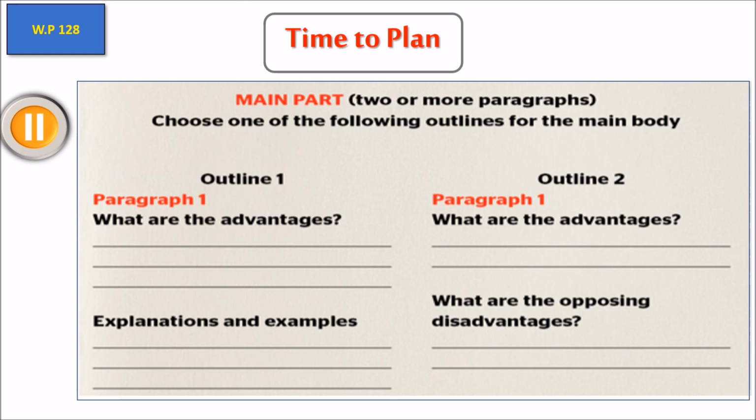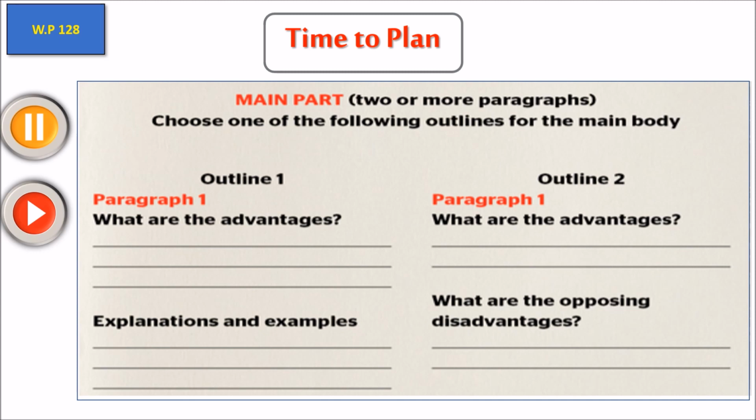Put in mind that in paragraph 1, you need to mention 2 advantages, to give explanations, and give opposing disadvantage. So, pause the video for some time after you write your answers or your points. Play the video again to make use of the information provided.